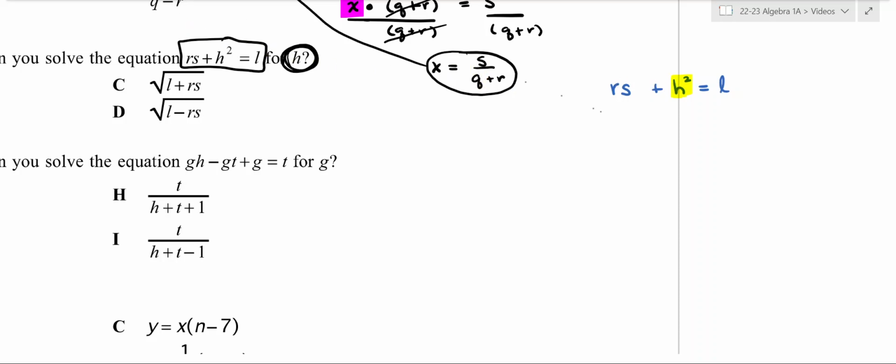So we want this term to be the only one on the left-hand side, which means we have to get rid of RS. Right, so how do we undo addition? Right, subtraction.